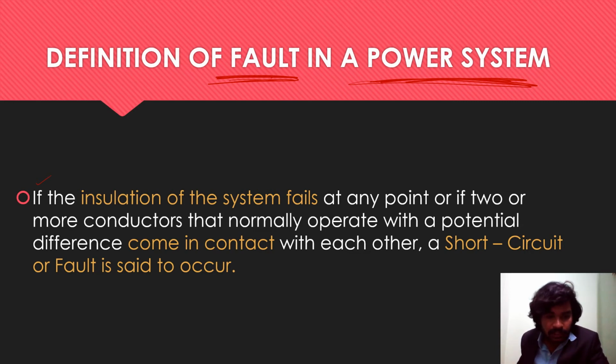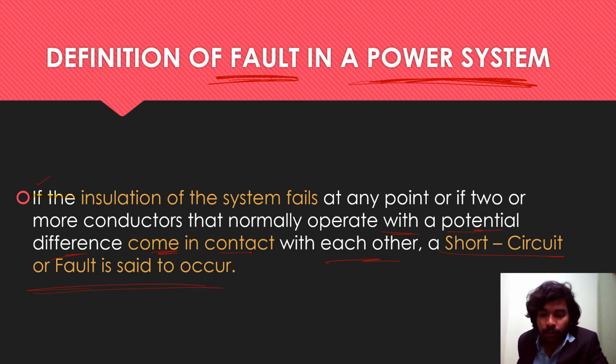If the insulation of the system fails at any point, or if two or more conductors that normally operate with a potential difference come in contact with each other, then a short circuit or fault is said to occur.